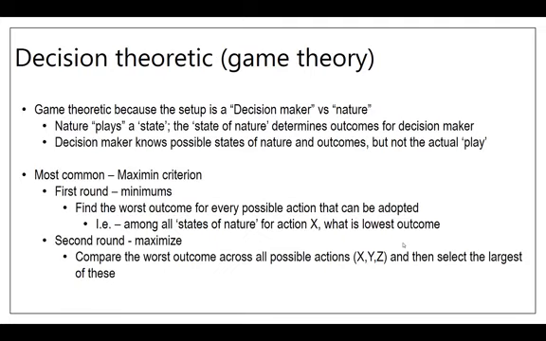Nature is out there and plays some state, some outcome happens. You don't have control over it and you don't know it ahead of time. But you do know all of the possible states of nature that nature might play against you. So nature plays that state, you've already committed to some activity or strategy, and you get your outcome. Backing away from that, how would you look at the possible states of nature that can actually occur and make choices?